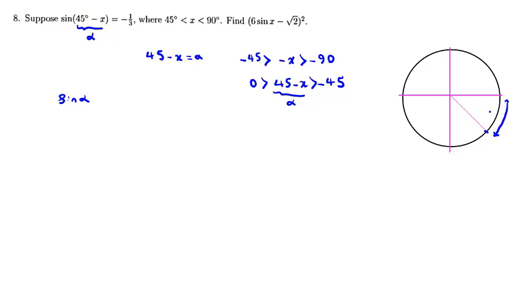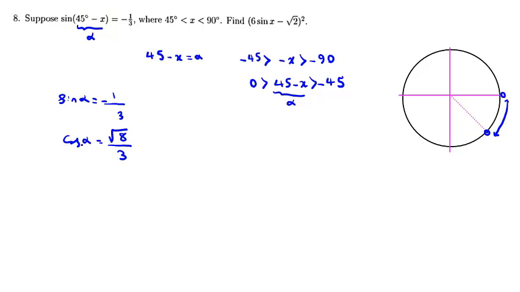In this interval, sine is negative and cos is positive. So sine alpha is negative 1/3, and cos alpha squared is 1 minus 1/9, which is 8/9, and because cos is positive, it will be root 8 over 3.